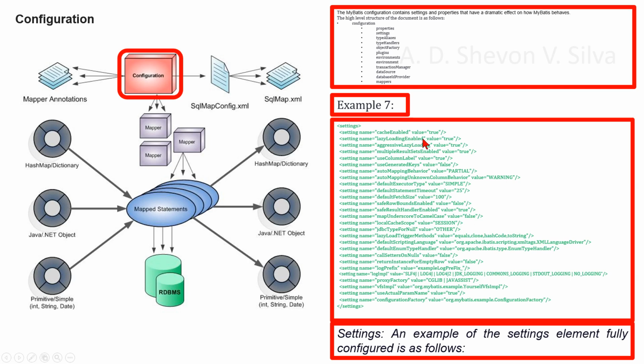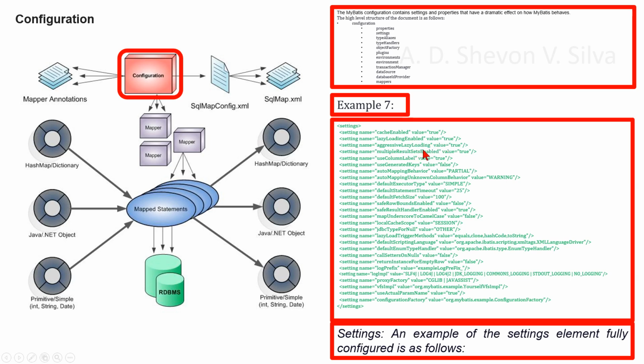Valid values are true and false, and the default is true. The lazyLoadingEnabled setting globally enables and disables lazy loading. When enabled, all relations will be lazy loaded, and this value can be superseded for a specific relation by using the fetchType attribute in it. Valid values are true or false. Default is false.